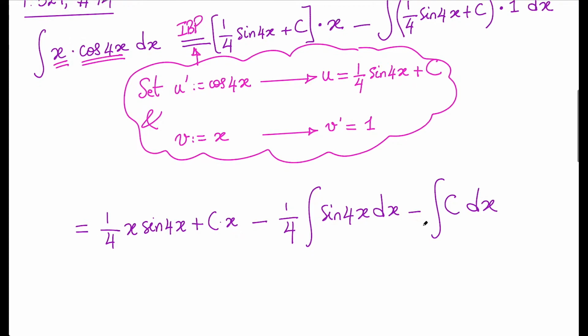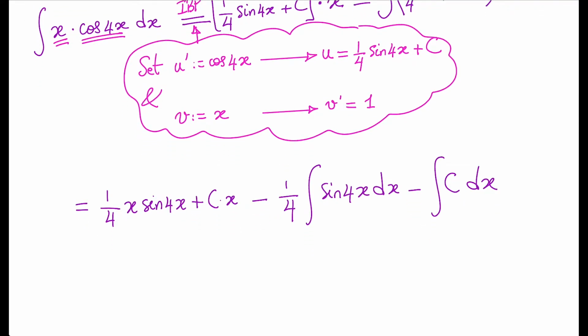Okay, and as I promised you, this is now easy using u substitution. It's very much like we did to go back from u prime to u. And what is that? This is negative, right?